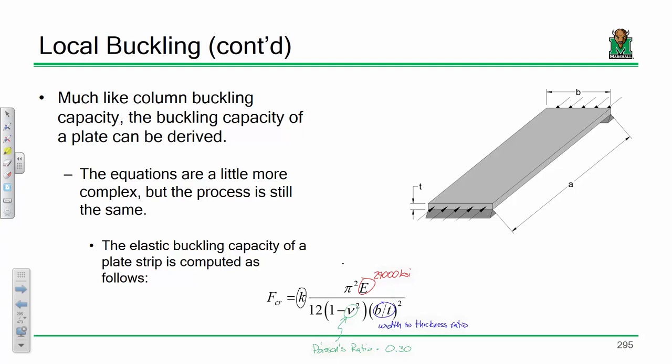What we have is a plate strip that sort of goes on forever, and we're applying compression to it. Now what we're doing in our analysis is we're assuming that this edge and this edge are simply supported. Okay? And every time that we do a buckling analysis, we assume that. But what we're not talking about is what's going on with this edge and what's going on with this edge.